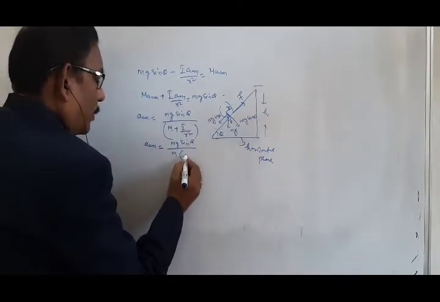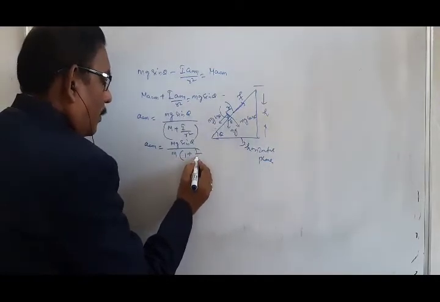Taking m common, a_cm = g sin θ/(1 + I/mR²).